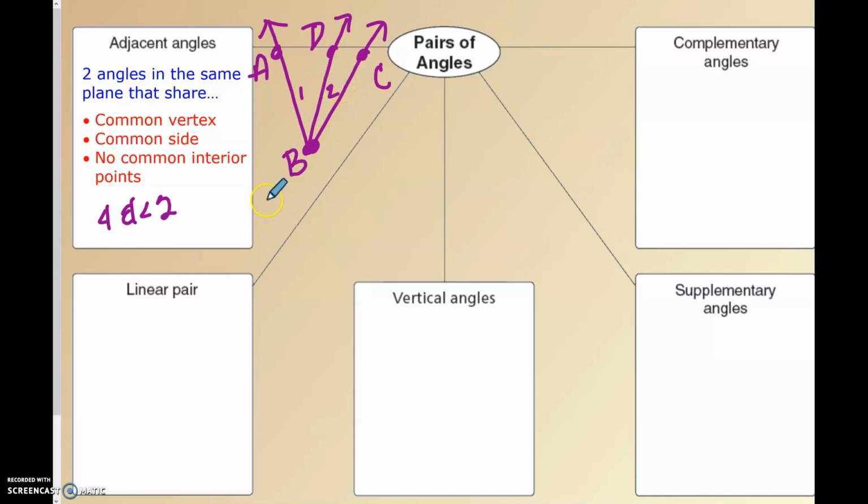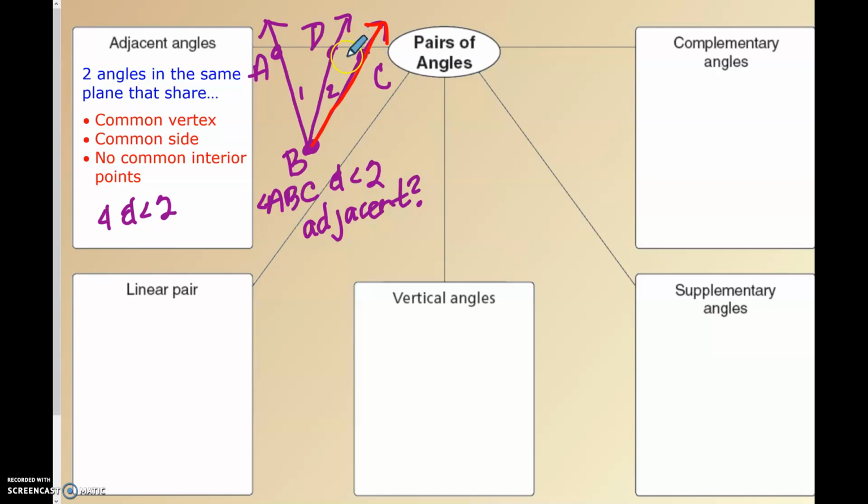Okay, my second question is angle ABC and angle 2, are they adjacent? Yes or no? So angle ABC and angle 2 both have a common vertex of B. They share a common side. BC is in both of those angles, so they share a common side.